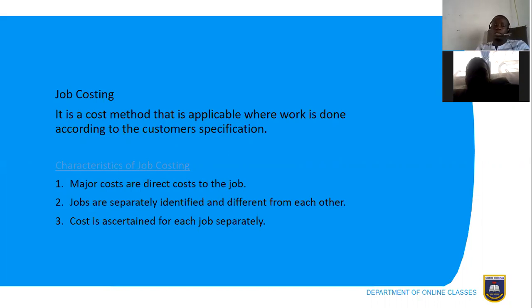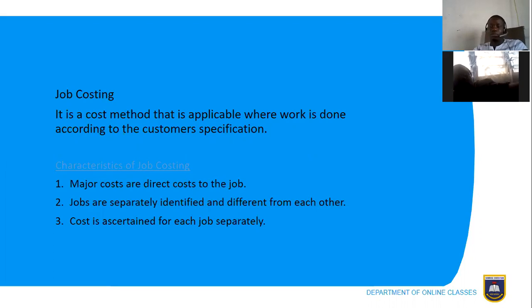Then the third one, we are saying that cost is ascertained for each job separately. So you want a birthday invitation card. Okay, at the end of the day, what that will cost you will be given to you, because you are the one who ordered it.